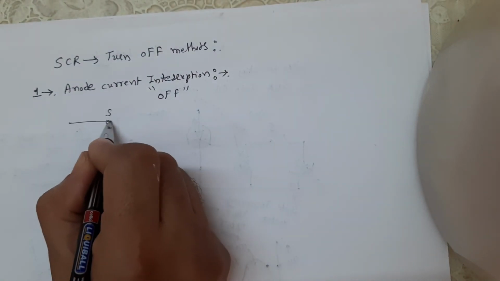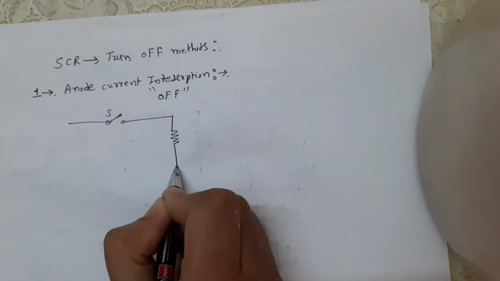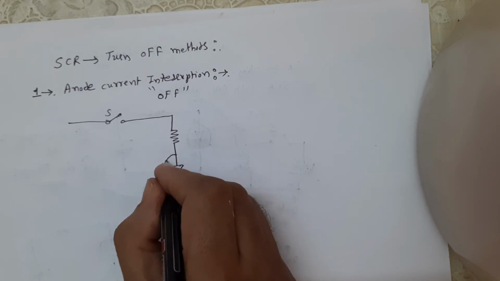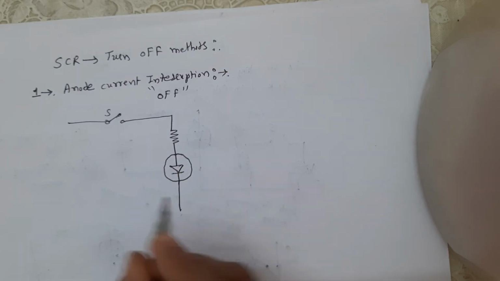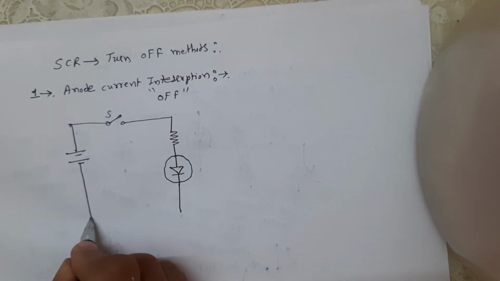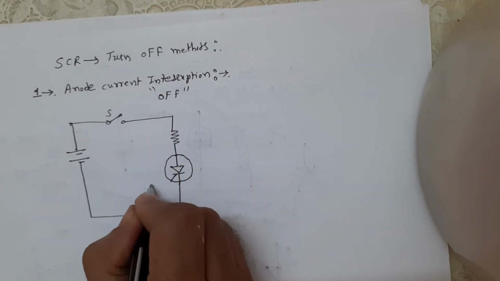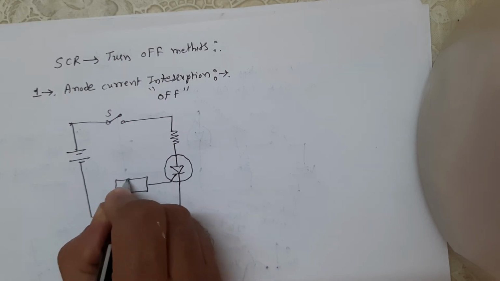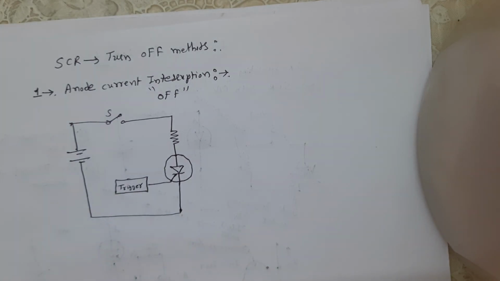This is switch S, this is your R, this is your SCR, the positive and negative supply, and this is the gate, which is nothing but the trigger.